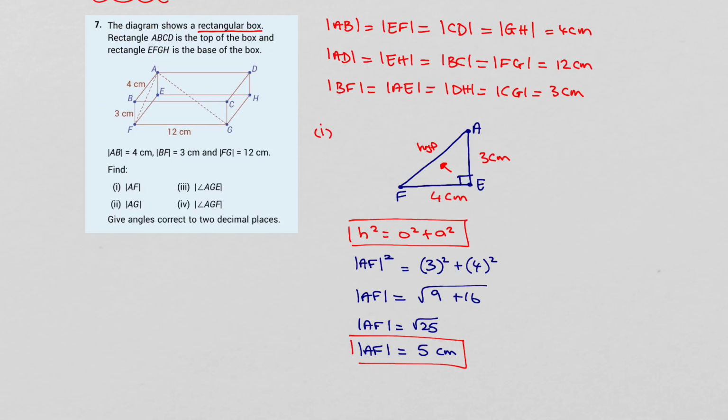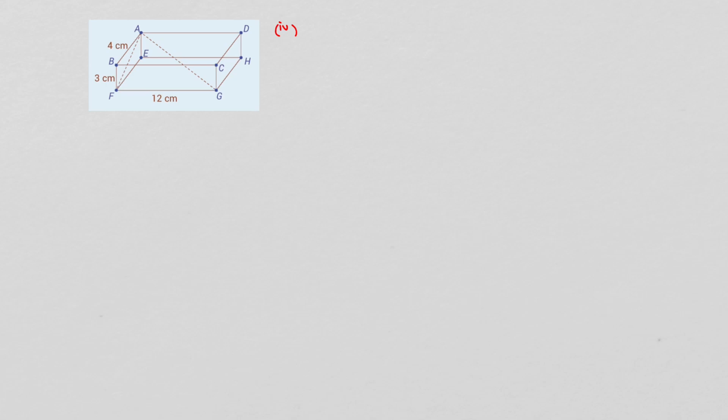Okay, and then the last part here says find AGF. So if we look at that triangle AGF, well, we're going from A to F. So that's the diagonal of the rectangle ABFE.